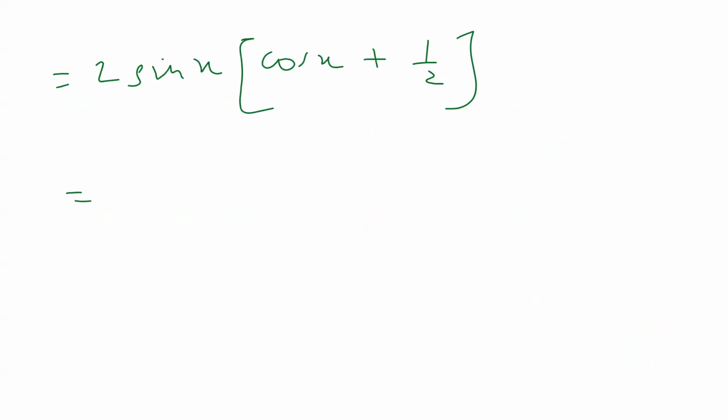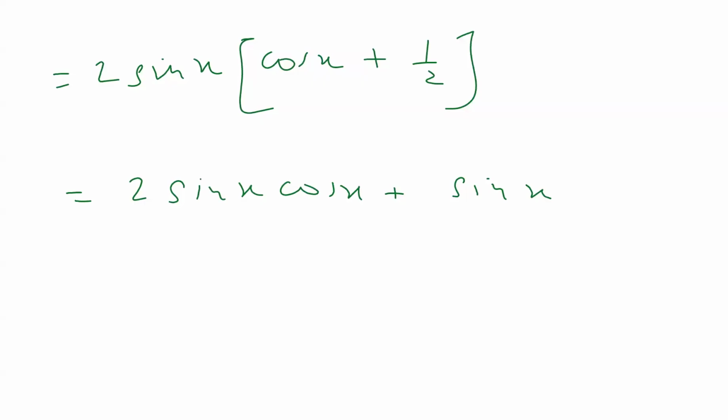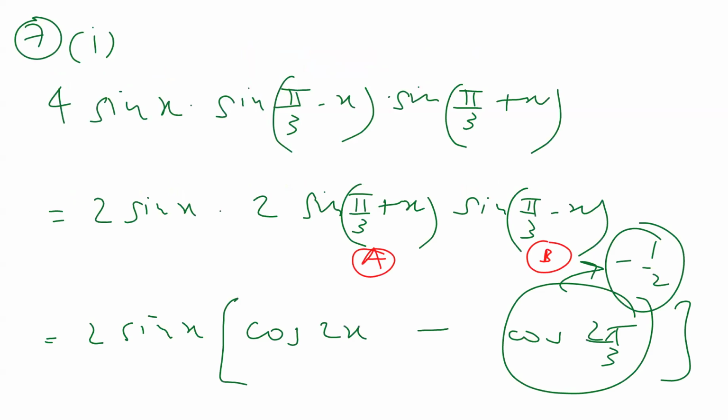So 2 sin x into cos x plus sin x. One small thing, this is cos 2x.